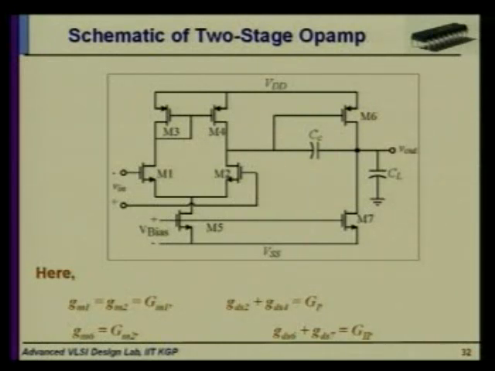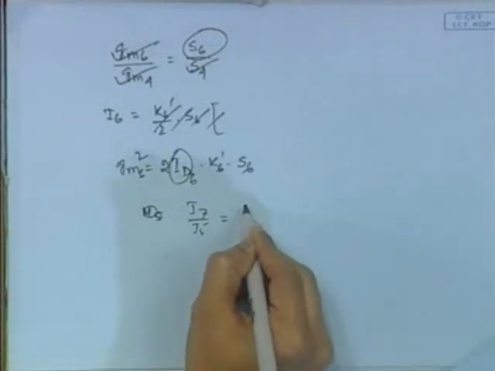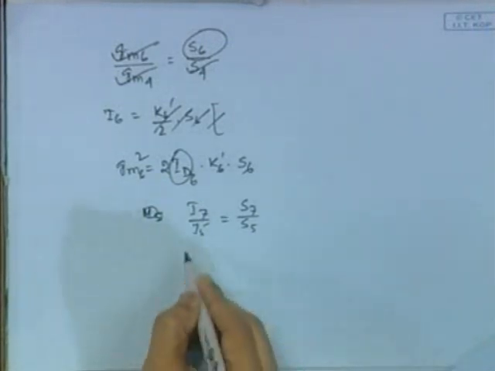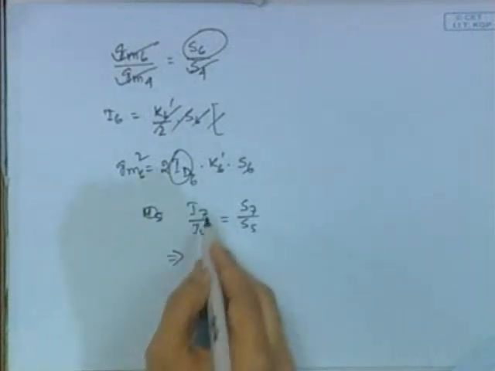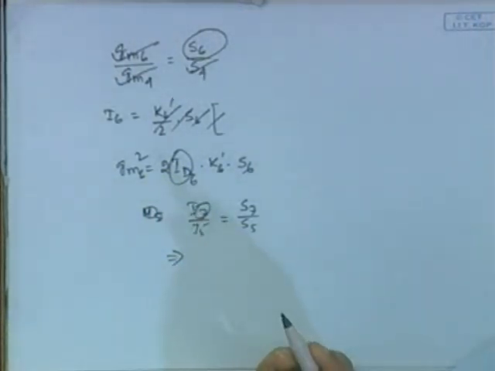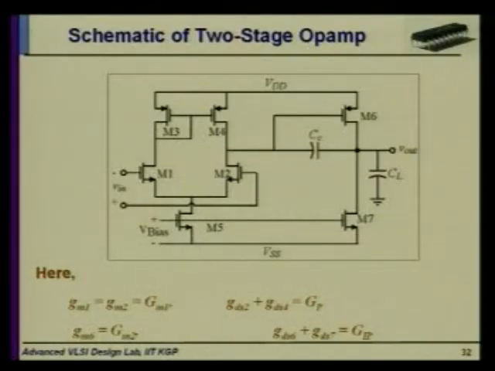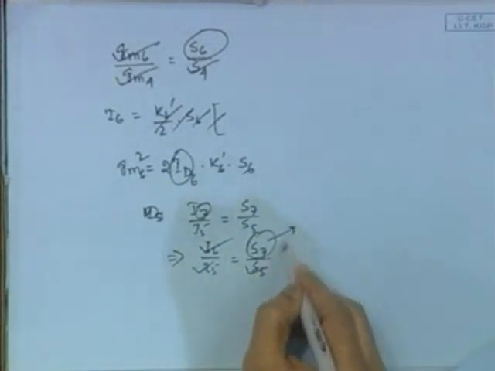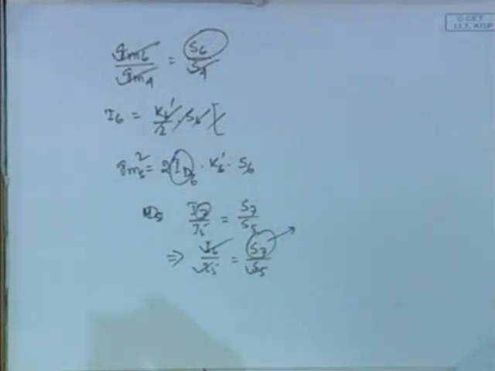Both of them are NMOS, so basically the current ratio is I7 by I5, which is nothing but S7 by S5. We are neglecting any short channel effects. I7 is basically I6, the same current flowing through this transistor. So I6 by I5 equals S7 by S5. We know I6, we know I5, we know S5, so we can easily find out S7. Clear?